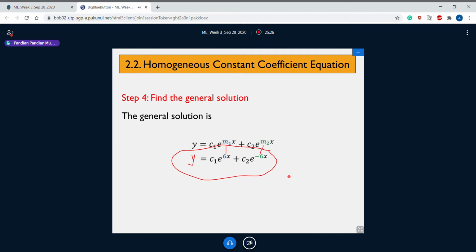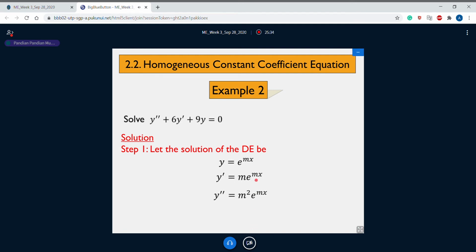Now we look at the second problem, example 2. Example 2, solve y double dash plus 6y dash plus 9y equals 0. Of course, you can straight away solve the quadratic equation am squared plus bm plus c equals 0.